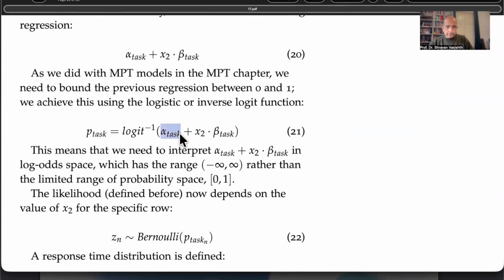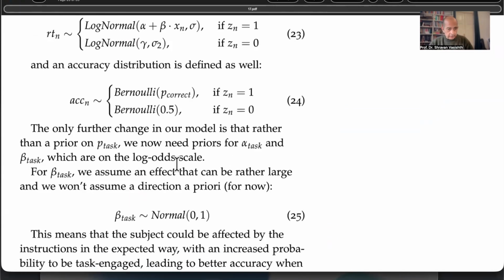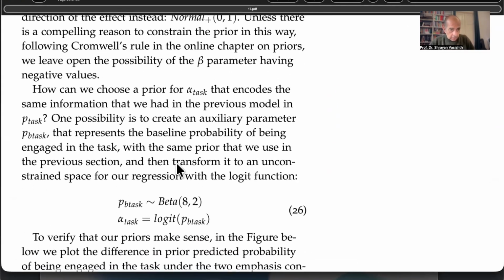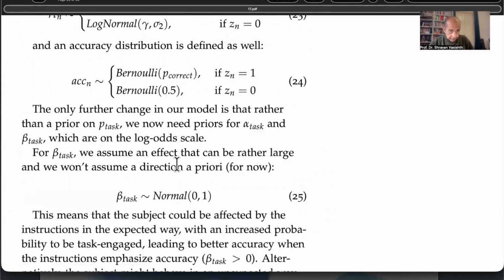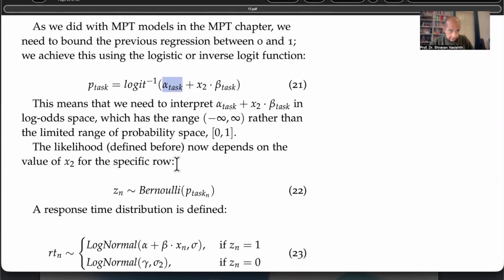The average probability of task engagement in log odds space is alpha, this alpha here, and the corresponding probability is p task here.